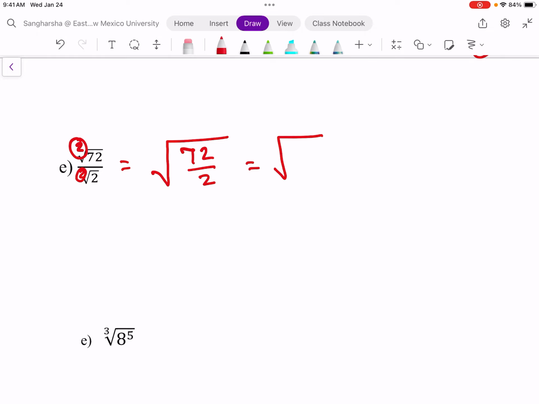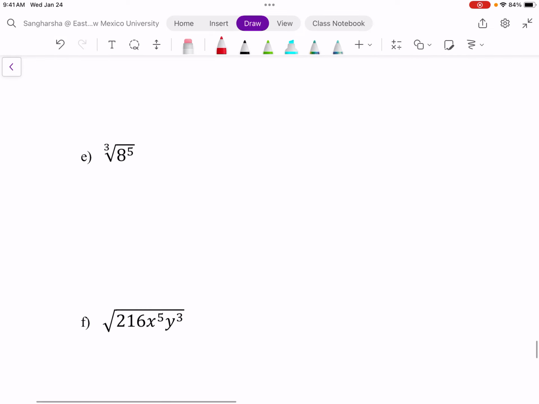So we have the square root of 36, and the square root of 36 is the square root of 6 squared. We have an even index, so we have the absolute value of 6. You can cancel this, because the index is the same as your exponent, and the absolute value of 6 is equal to 6, which is our final answer.